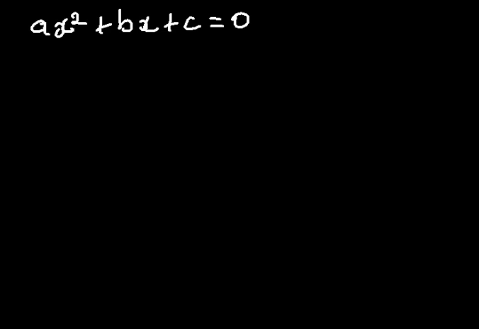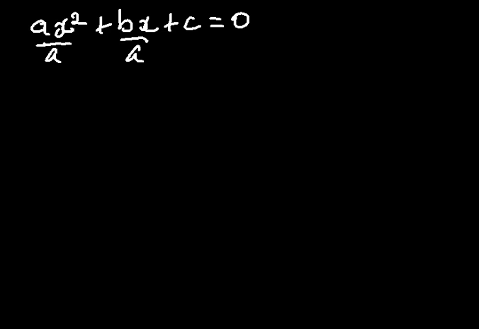So how should you derive the quadratic formula from the quadratic equation that we have? Now, first thing, ensure that the coefficient of x squared is 1. To ensure that, we'll have to divide everything by a.